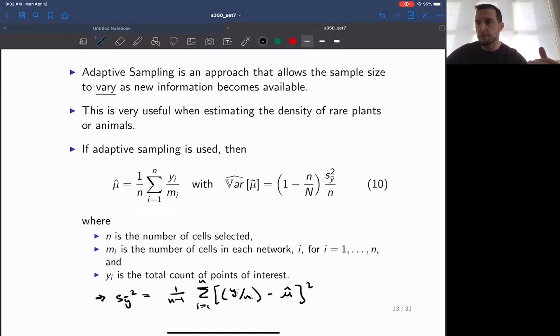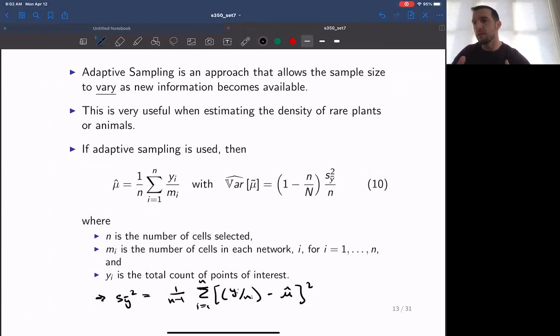Adaptive sampling differs from the other sampling schemes that we have seen before, as the idea is that as information becomes available, it also becomes included into the estimation scheme. So you can sort of think of it as over time, you're collecting additional information and making use of that additional information.